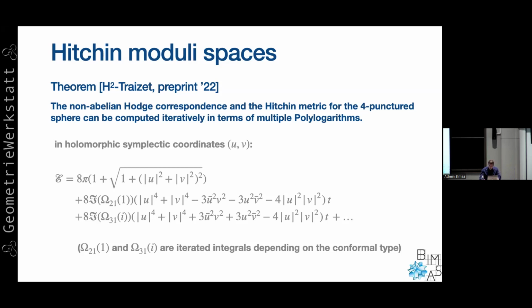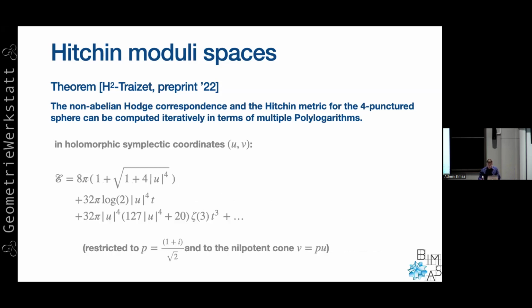Okay. My computer is frozen. Oh, no. Okay. So I don't write up the formula for the next term in general, but restrict to the most symmetric case and to the nilpotent cone. And then we observe again our zeta values. And of course, this continues on and on.